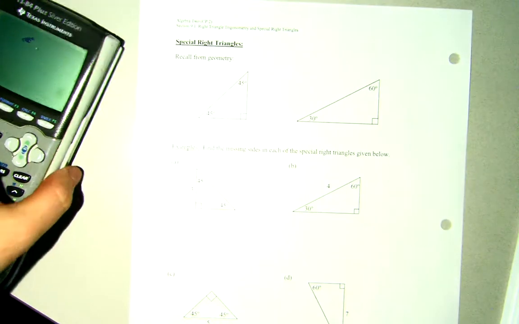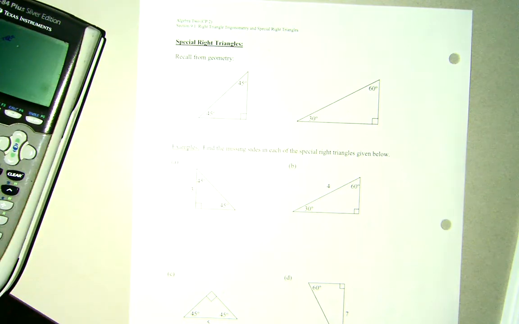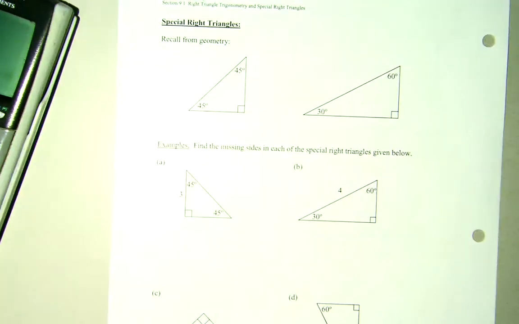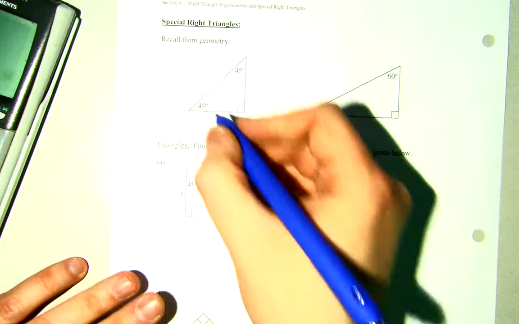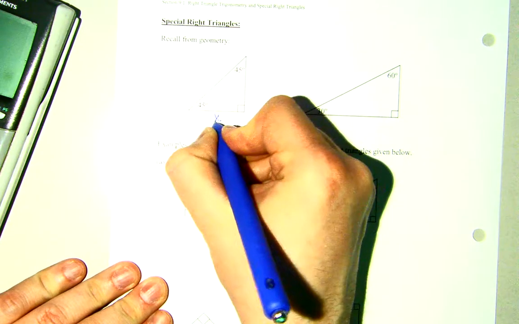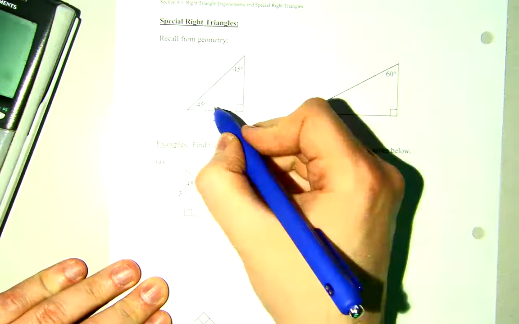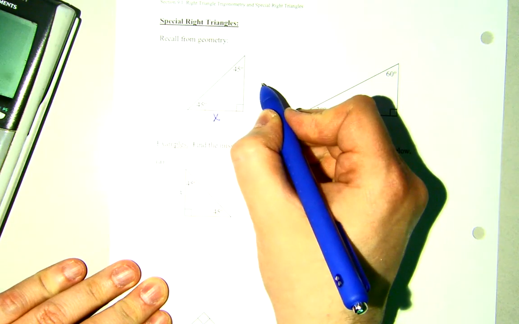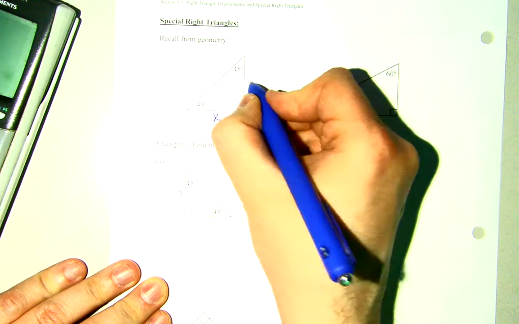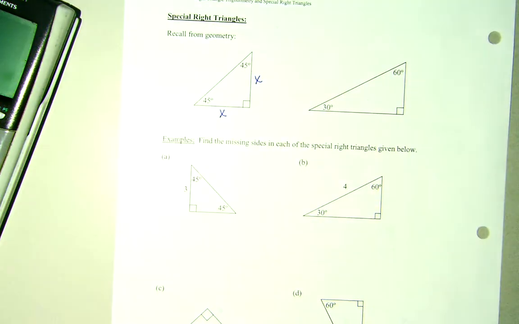Hopefully you remember the ideas of 45, 45, 90 right triangles and 30, 60, 90 right triangles. Hopefully at least the phrase sounds familiar to you. In a 45, 45, 90 triangle, I'm going to label my sides. What's across from the 45 will get labeled as x, and what's across from the other 45 should get labeled how? Also x, because it's an isosceles triangle. Those are the same.